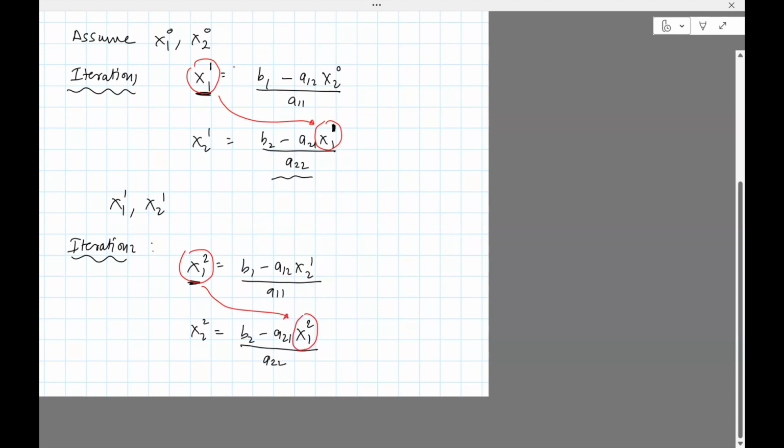It's a very minor modification. It's just changing one single thing. In this case, if it's of 3 dimensions, that is x1, x2, x3, then you will just keep updating the values of x's based on what you compute in the very same iteration.